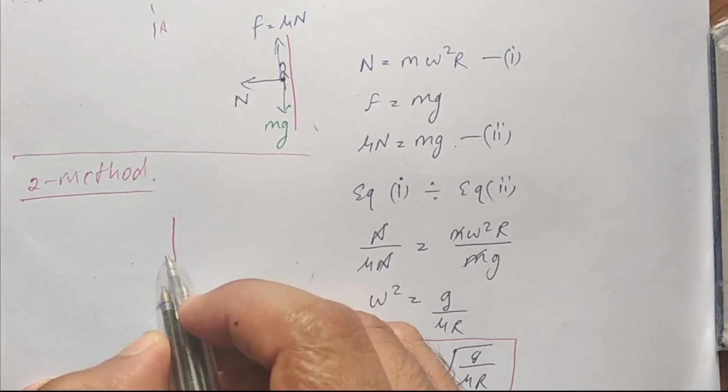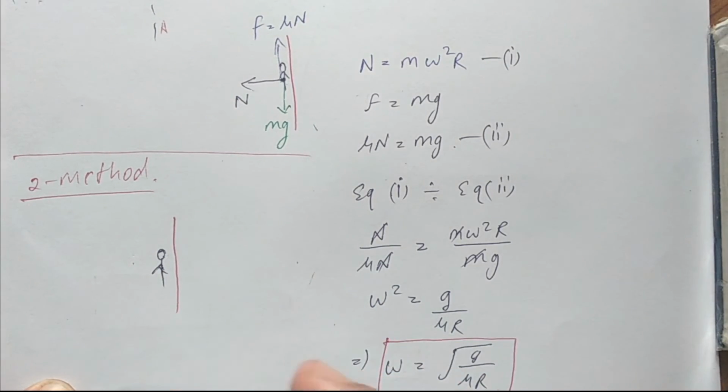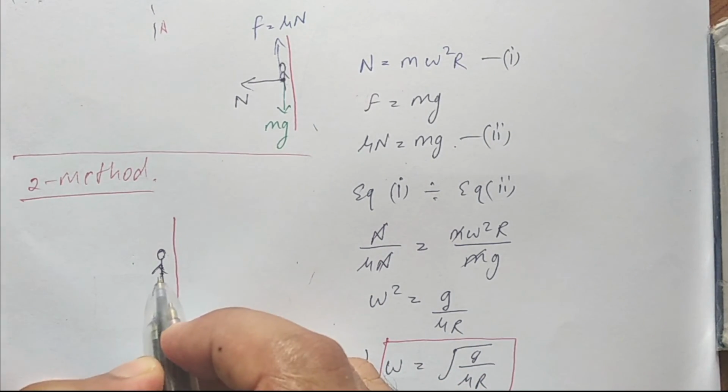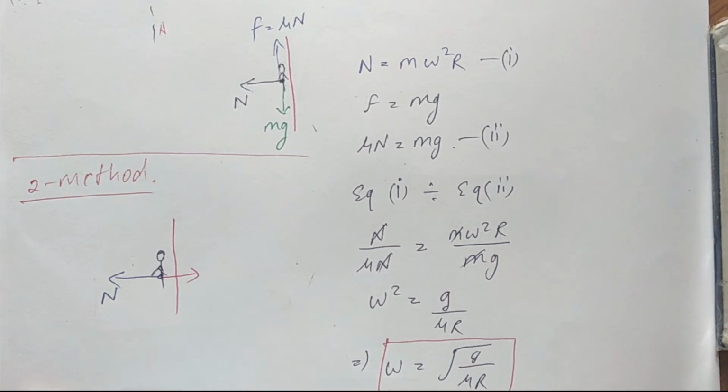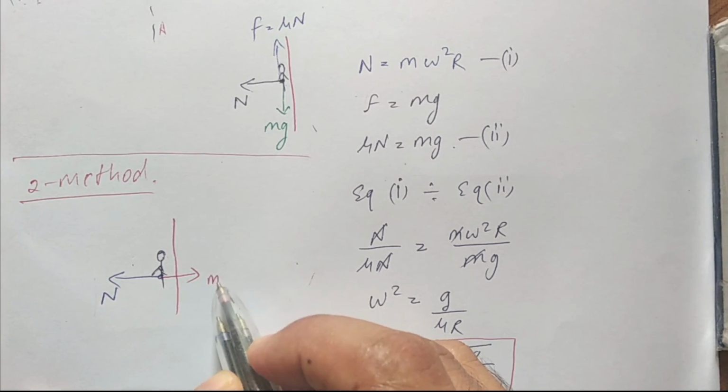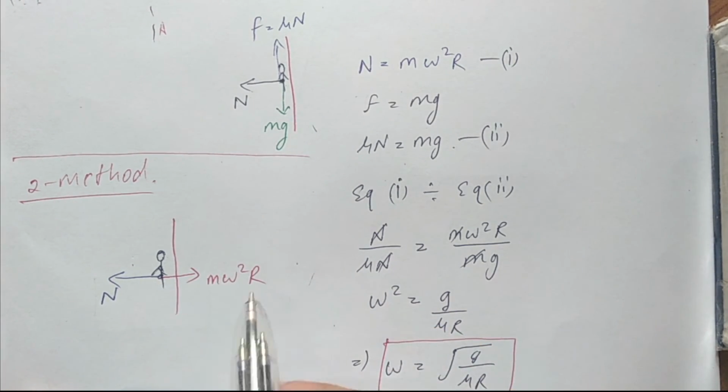The person will experience the normal reaction force, we know that, and there is a pseudo force that is developed, the centrifugal force, m omega square r, acting, which is balancing this normal reaction force.